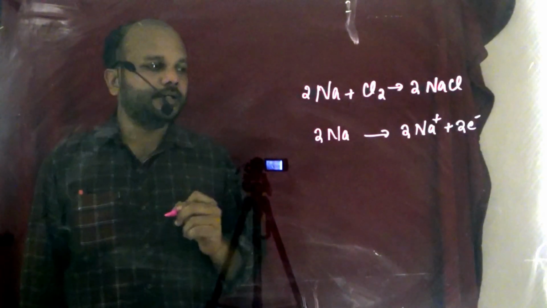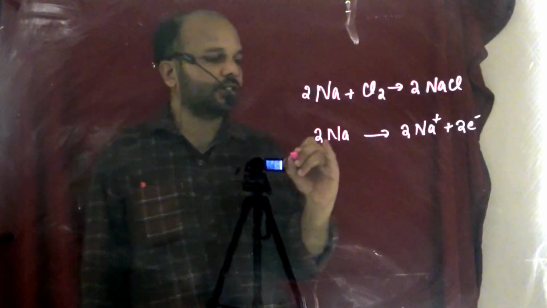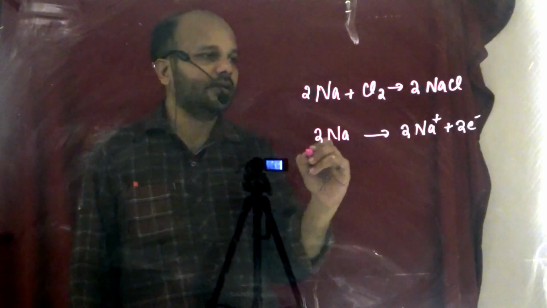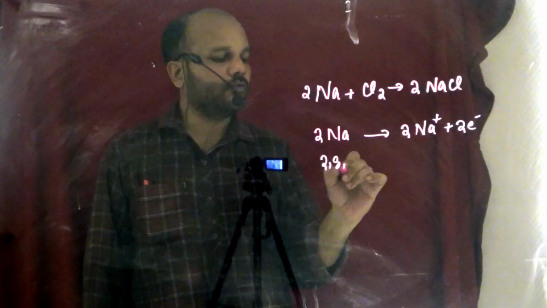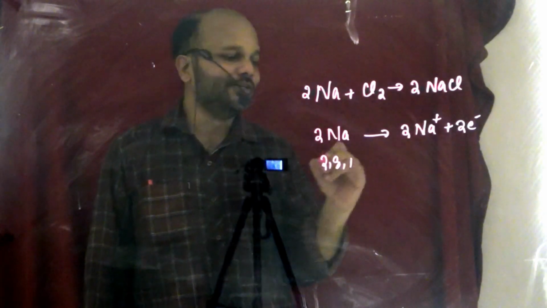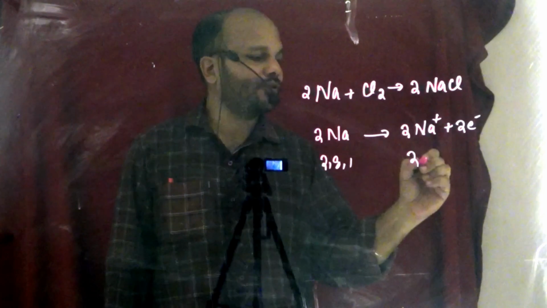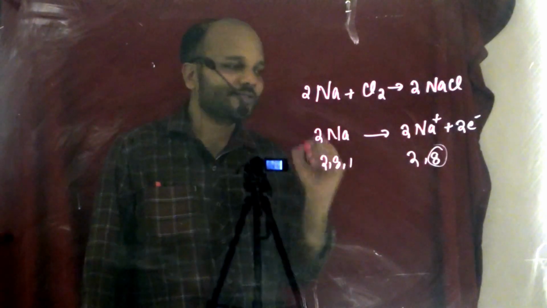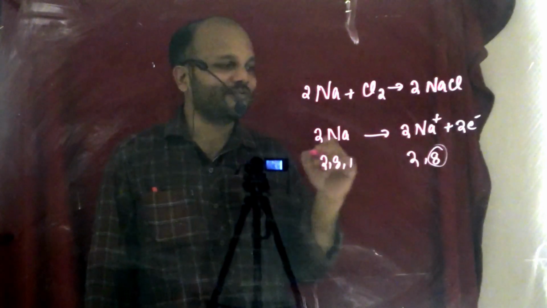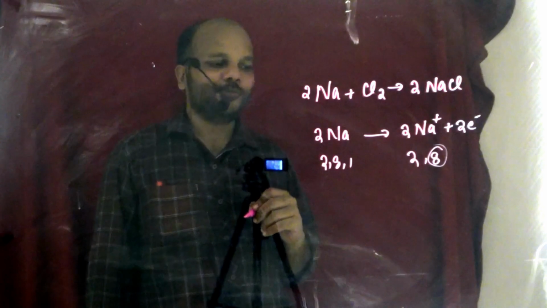You know very well sodium has electronic configuration 2, 8, 1, because the atomic number is 11. When it loses one electron, it becomes 2, 8. So there are 8 electrons in the outermost shell. So sodium is happy once it loses one electron.